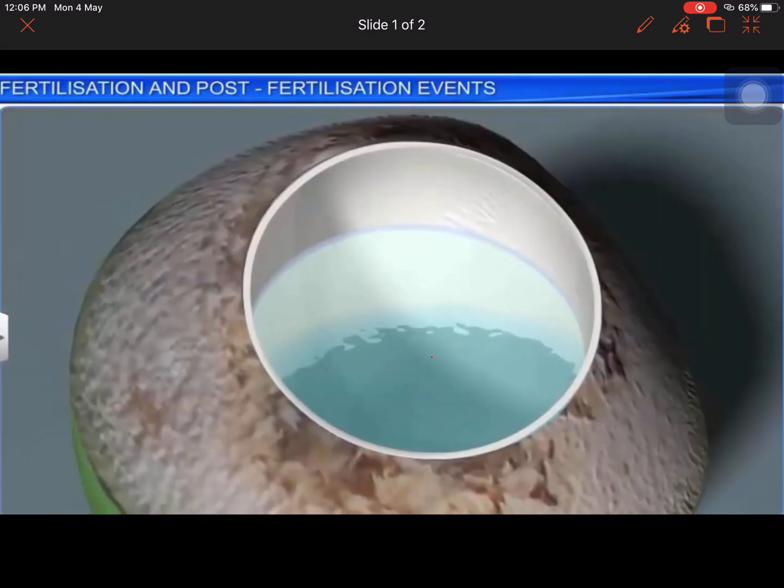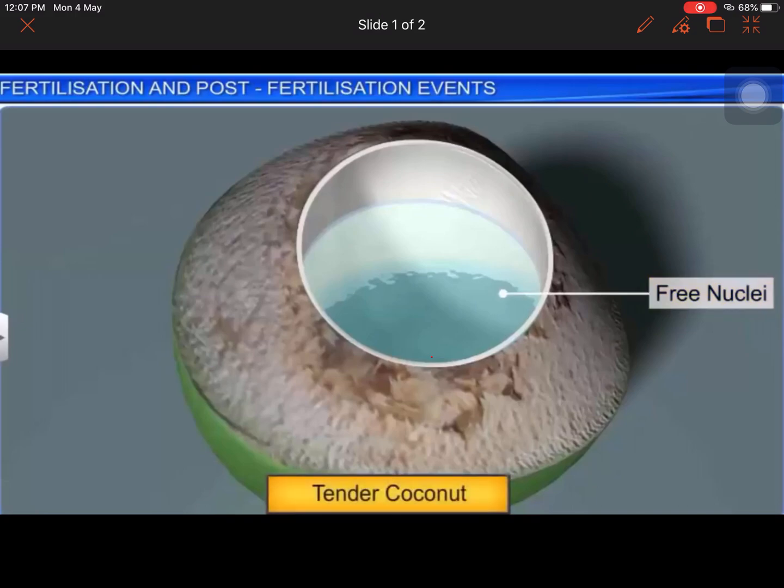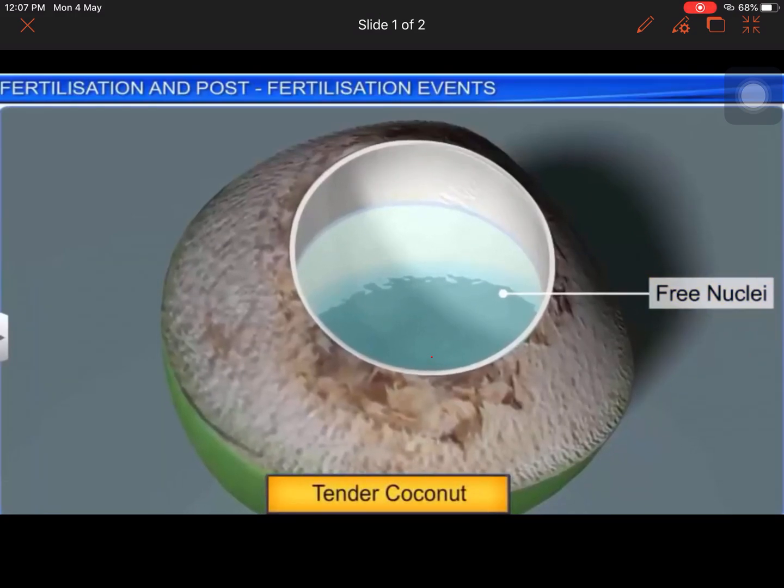Interestingly, the number of free nuclei formed prior to and post cellularization differs greatly. Take the case of a tender coconut fruit, where the coconut water that you see is actually thousands of free nuclei.